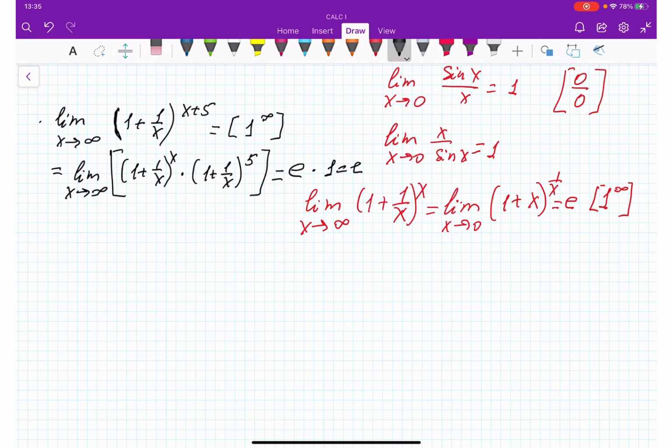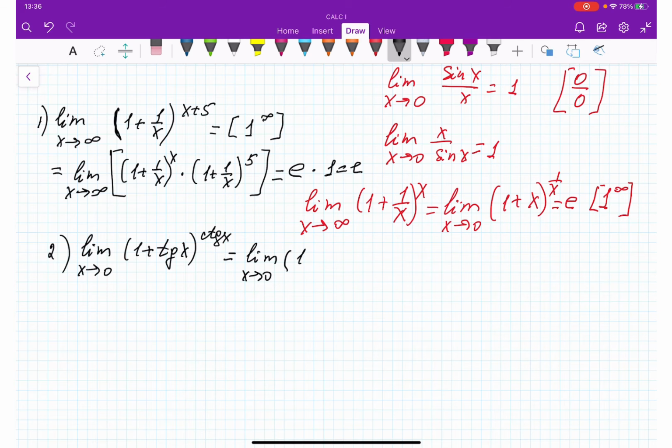Next one. Limit as x approaches 0, and we have 1 plus tangent x to the power cotangent x. That is equal to the limit as x approaches 0 of 1 plus tangent x raised to the power 1 over tangent x, because cotangent is 1 over tangent, right?